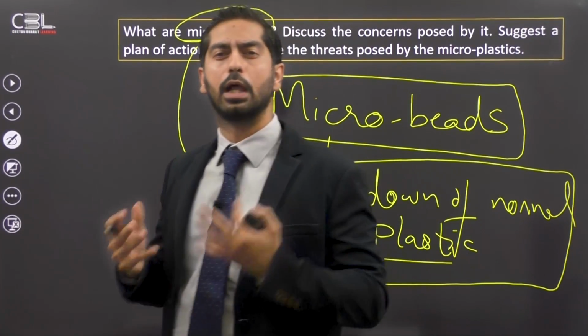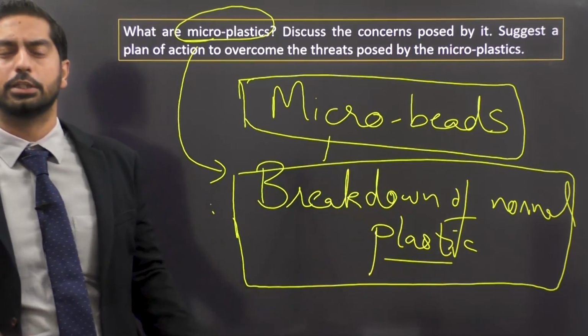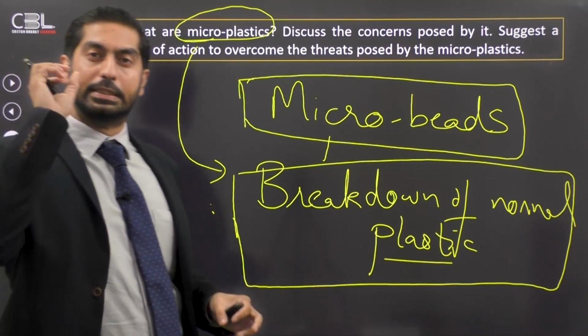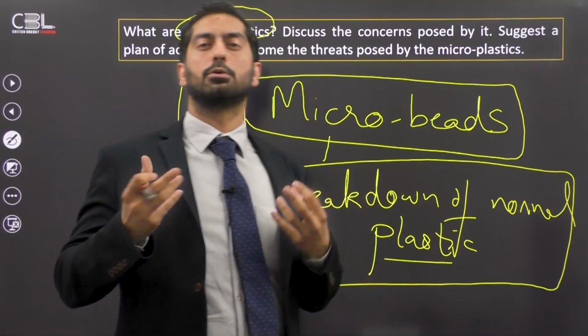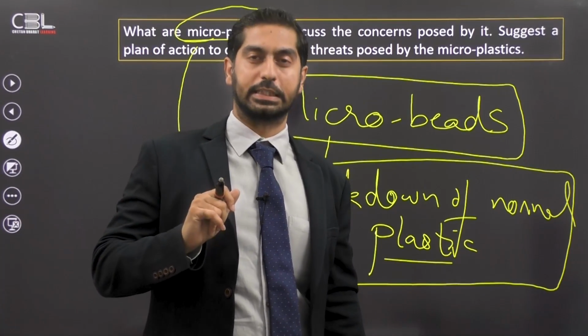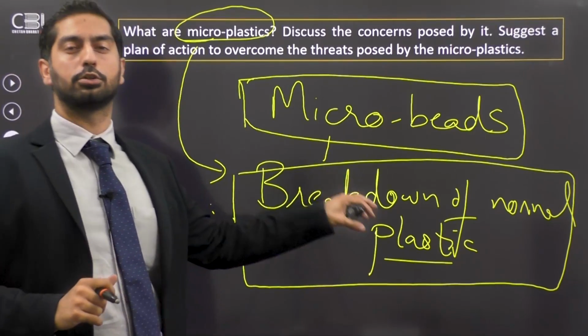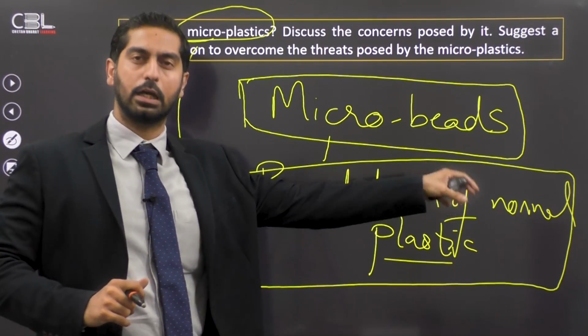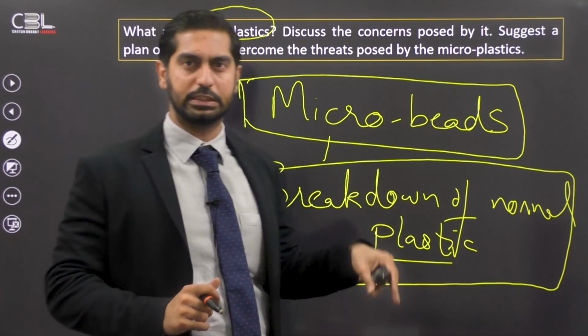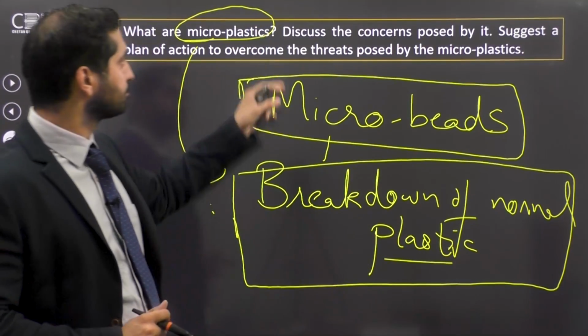That plastic goes to landfills or gets accumulated in the rivers, and then gets dumped in the oceans of the world. That plastic gets broken down into smaller fragments, resulting in production of microplastics. So this is the major cause of microplastic pollution. In your answer, you are supposed to highlight both these points.